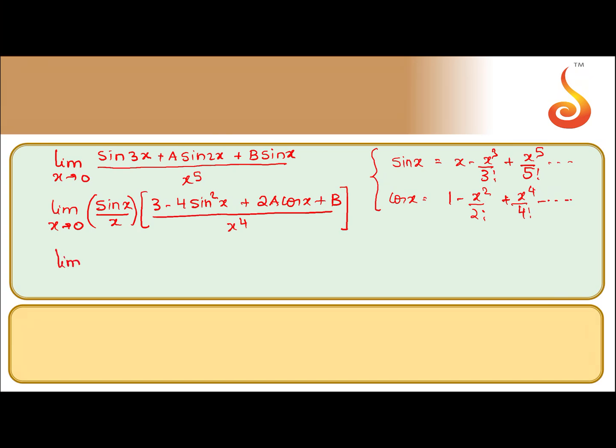Now if we substitute the value, limit x tending to 0, sin x by x is a standard limit. We don't have to worry about it.